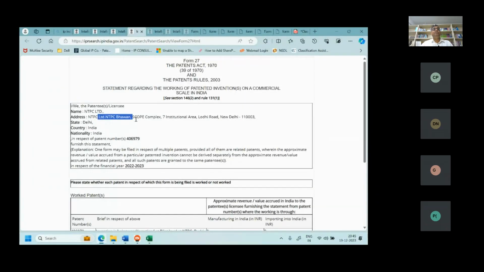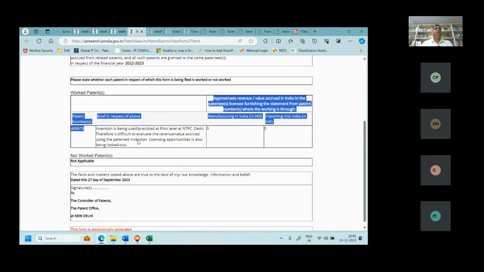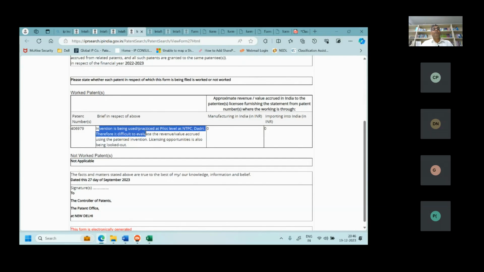It is with respect to NTPC Limited. It clearly says, this is my patent number. They are explaining that it is being used, practiced at a pilot level at NTPC Dadri. At present, it is difficult to evaluate the revenue value accrued using the patented invention. Licensing opportunity is also being looked at.